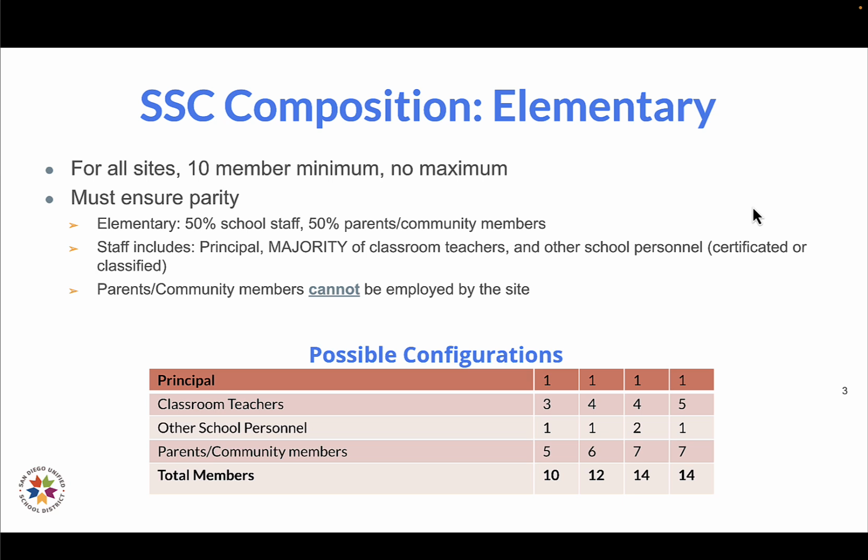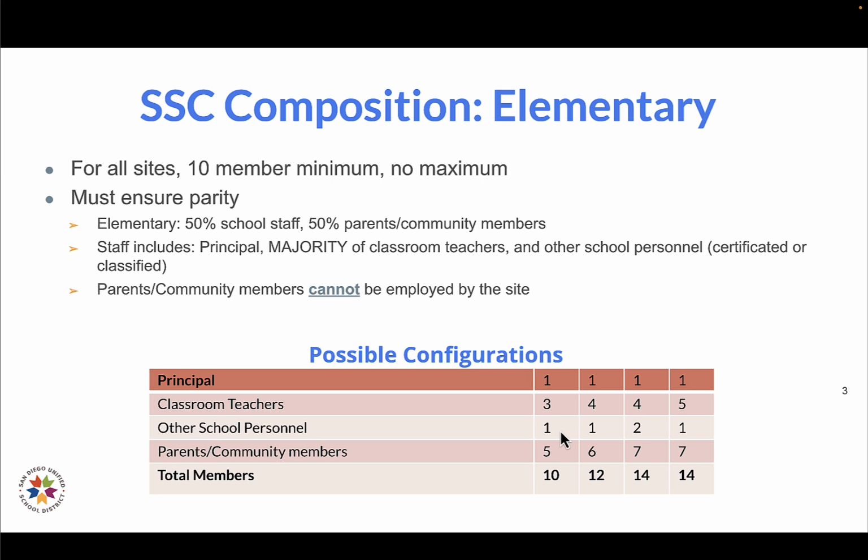Here at the bottom of this slide, there are a few possible configurations. The first example here includes one principal, 3 classroom teachers, and other school personnel. Of the 5 staff members, the majority, meaning 3 out of the 5, are classroom teachers. Other school personnel could be a variety of school personnel, classified, certificated, doesn't matter.